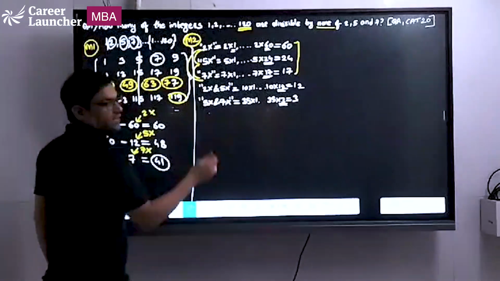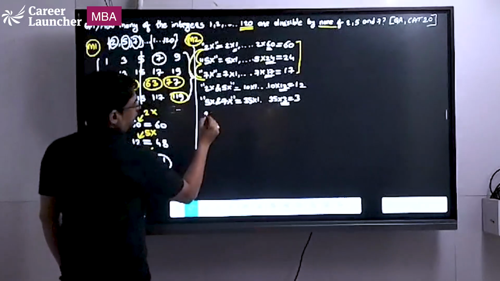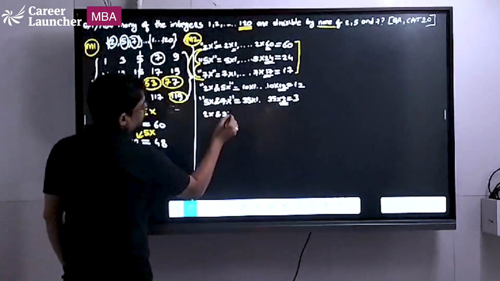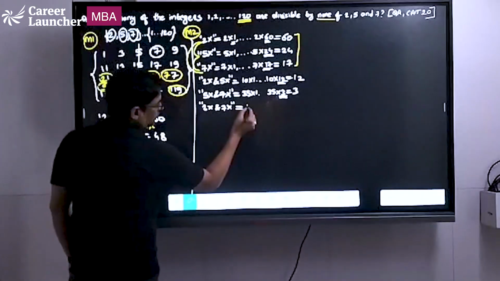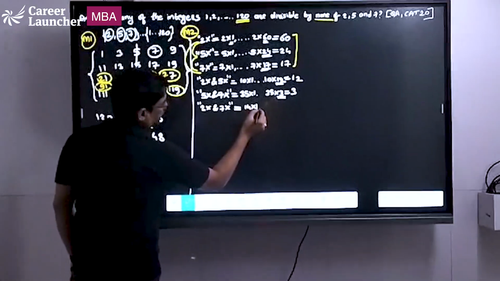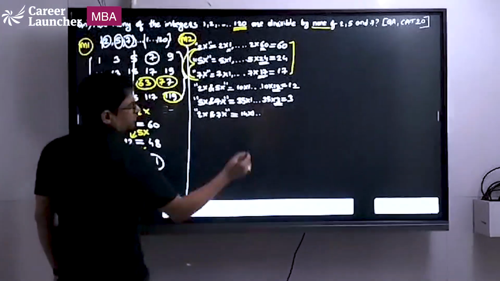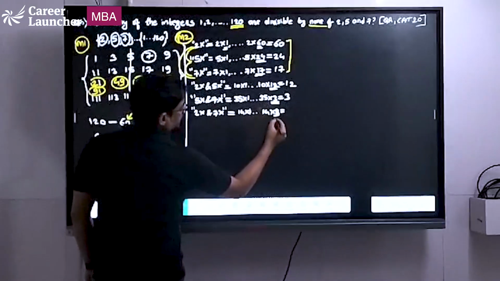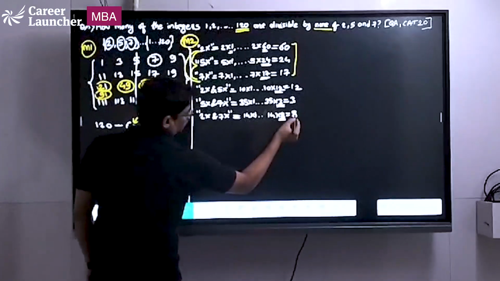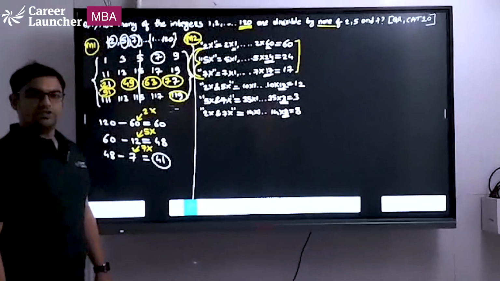Next, 2 and 7. Common multiples of 2 and 7: the smallest such multiple would be 2 into 7, 14. First would be 14 into 1, 14 into 2, up to 14 into 8, 112. So this is the total number of multiples of 2 and 7.